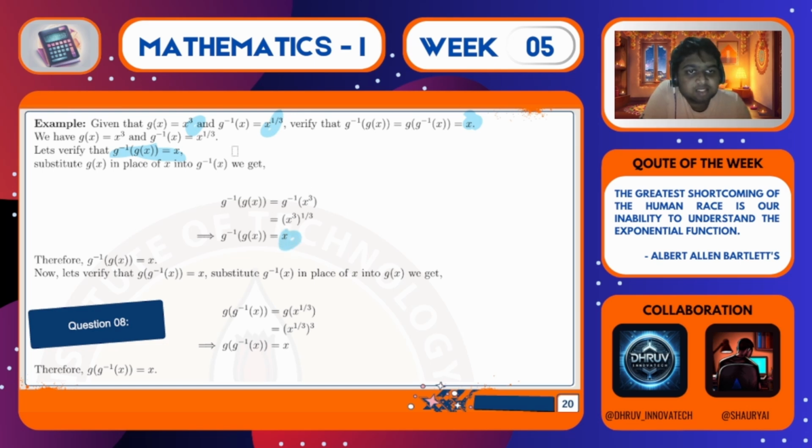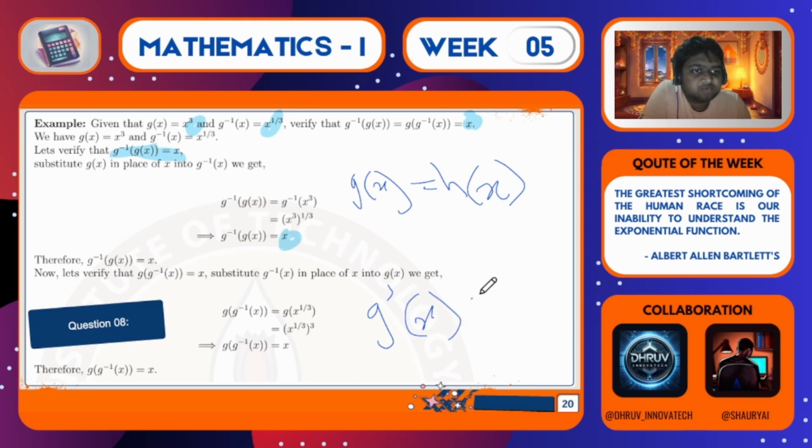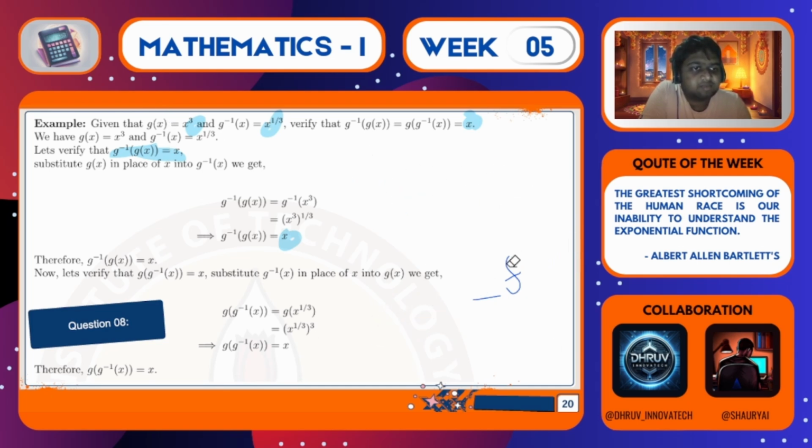If you don't want confusion, you can keep g(x) as h(x), and you can keep g inverse of x as f(x). And then you can solve for both f of g(x) and h of f(x). It's the same as the previous question we did. Probably you will get the same answer x and x. That's why you can justify that this is true after all.